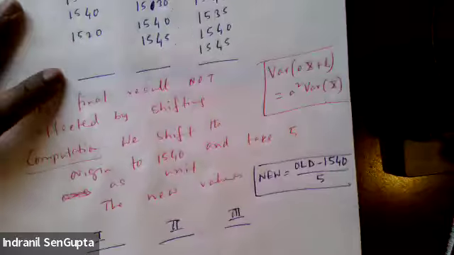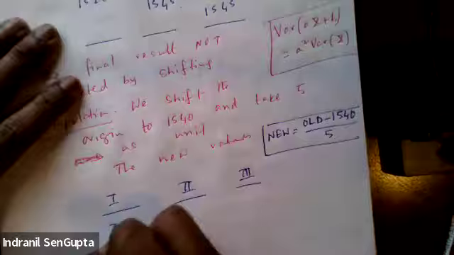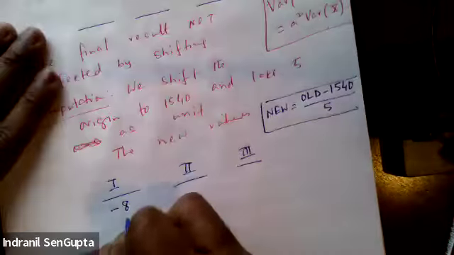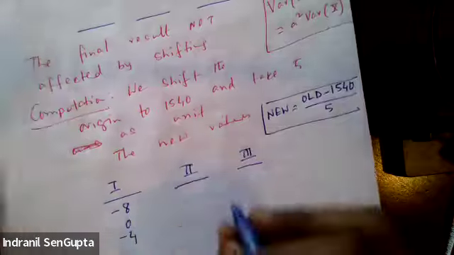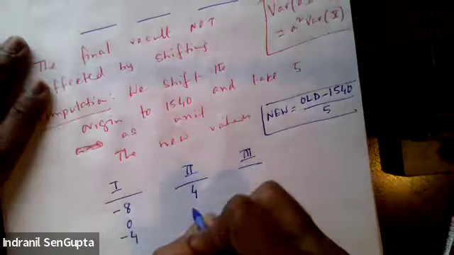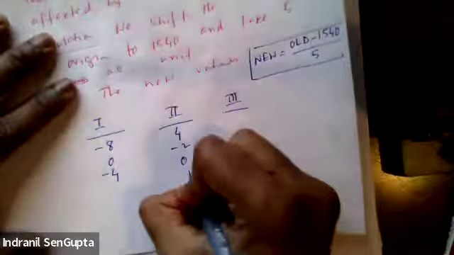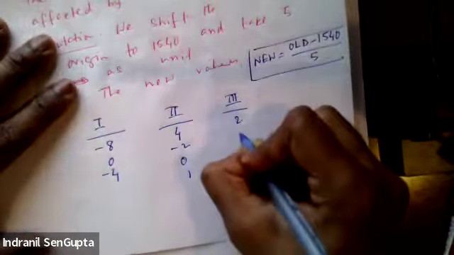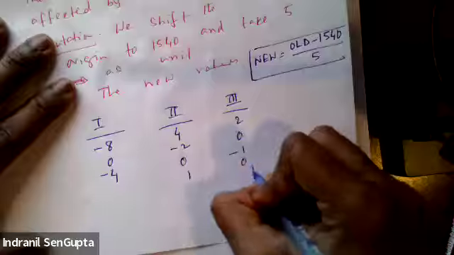That's what we're doing. These values become, you can check, -8, 0, -4, 4, -2, 0, 1, 2, 0, -1, 0, 1.